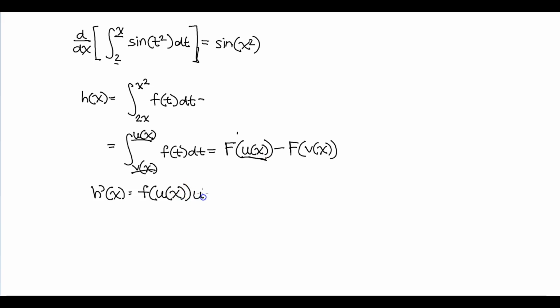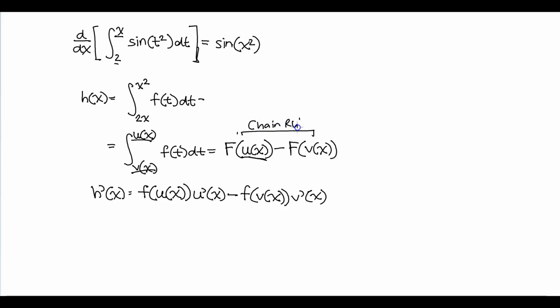So you get u prime of x. You could do the exact same thing over here: small f of v of x times v prime of x. You're just applying the chain rule.